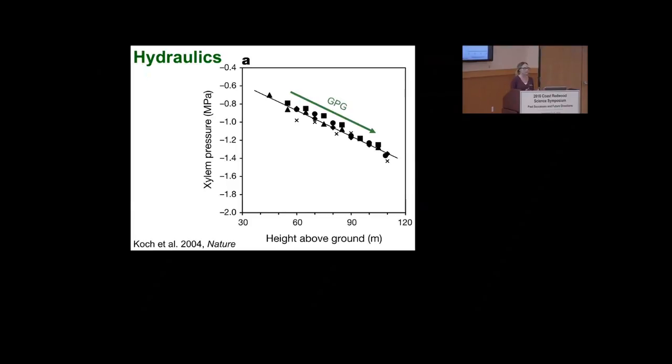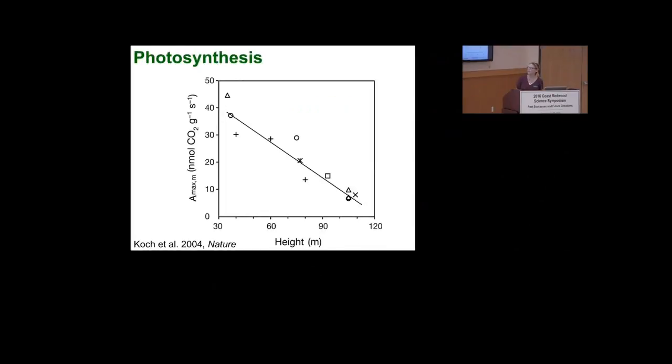And this is going to influence physiology. This is going to influence photosynthetic capacity in the treetop. So if we look at photosynthesis, sure enough, photosynthetic capacity decreases with height in tall trees. This was a Nature paper that came out in 2004 and focused on tall redwood trees. And bear in mind, in theory, those treetop leaves are sun leaves.